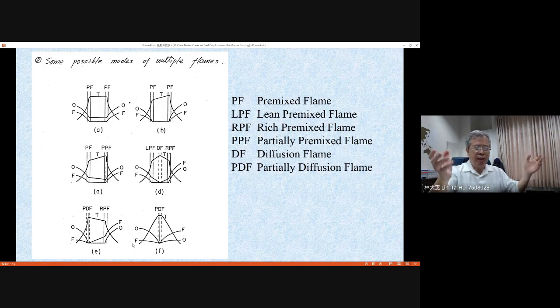They are separate. Then you can say this flame should be controlled by diffusion burning. Then you will have a diffusion flame, but you may have some influence from the premixing of fuel on the left hand side and the premixing of oxygen on the right hand side. Then we modify the name. We say this is the so-called partially diffusion flame.